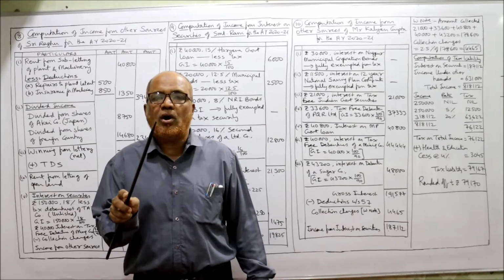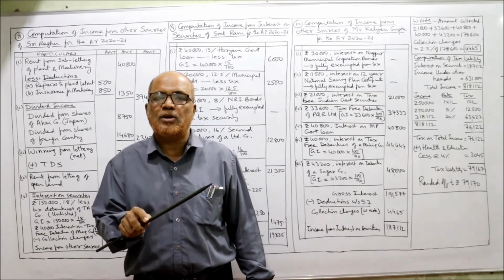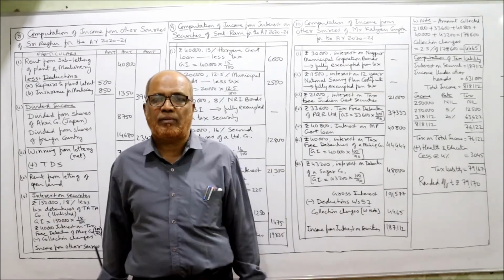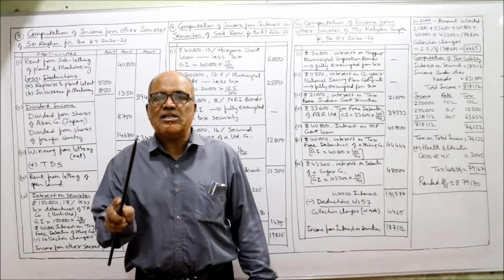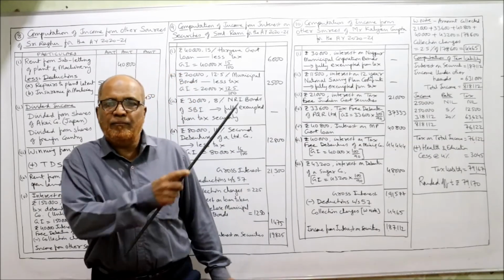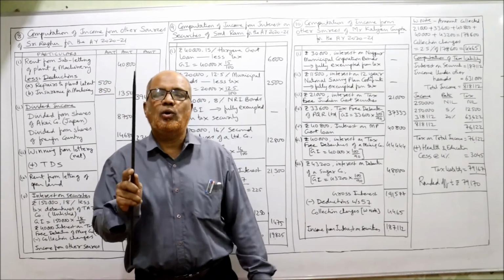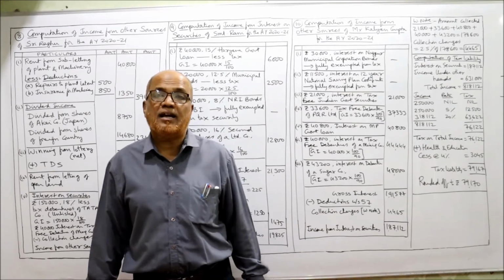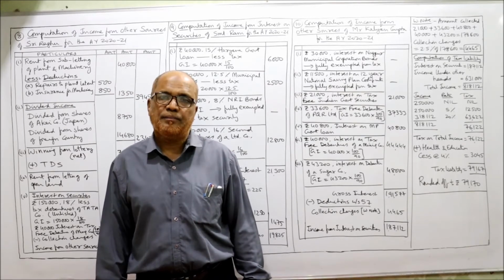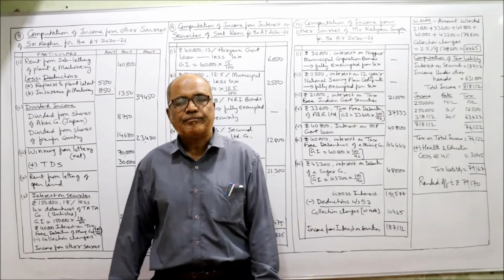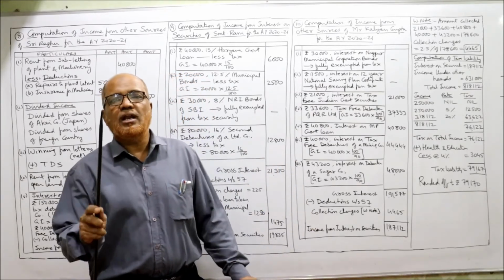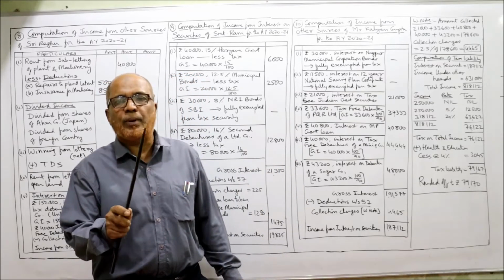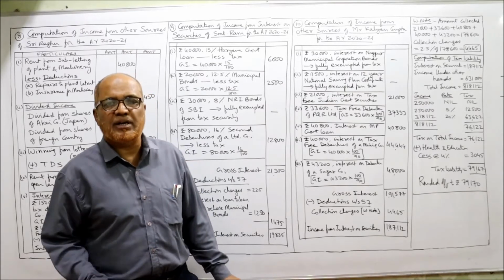So interest on this Nagpur Municipal Corporation bond is fully exempted from tax. That point you have to remember. That's why I'm saying again and again, before watching this problem video, you have to watch the introduction part, theoretical part. Then only you can be able to understand. So interest on Nagpur Municipal Corporation bond is fully exempted from tax.